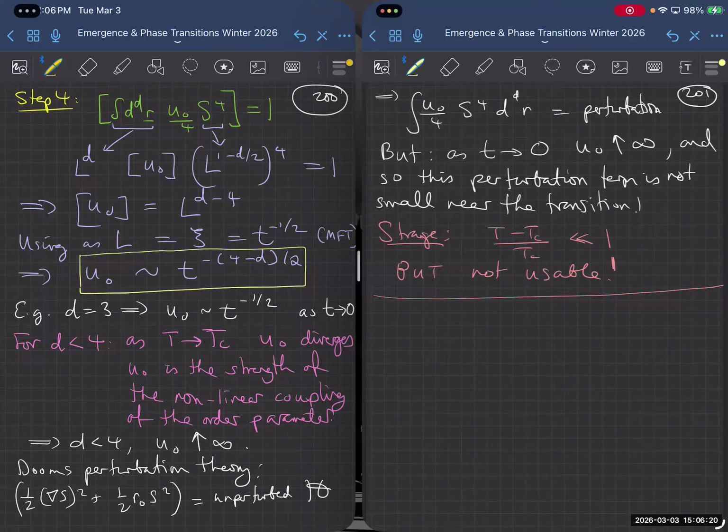What I did too quickly was I went from the unperturbed Hamiltonian, and I didn't take out the scaling of that. So let me rewind. There's a mistake in what I wrote. Here it's done correctly in my book, but in my notes I did it too quickly and I skipped a step that's important.